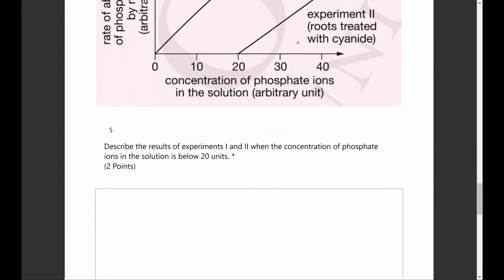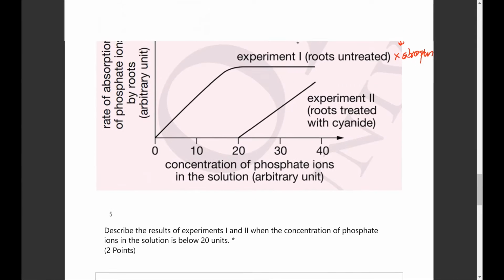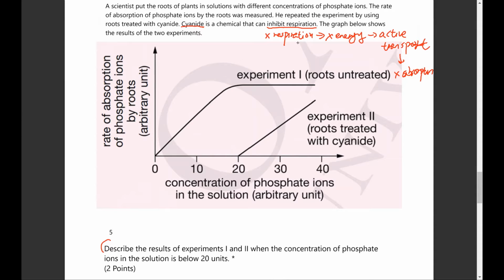Question 5. Describe the results of experiments 1 and 2 when the concentration of phosphate ions in the solution is below 20 units. 2 marks, 2 points. So describe. It's basically the most simple question type. You don't have to add explanation. You don't have to analyze.